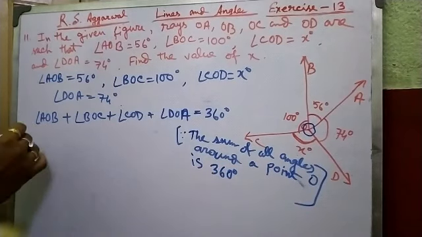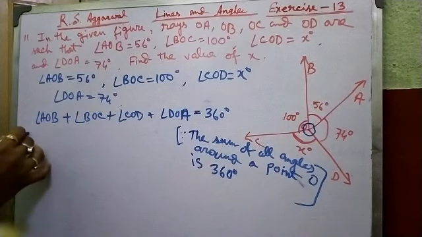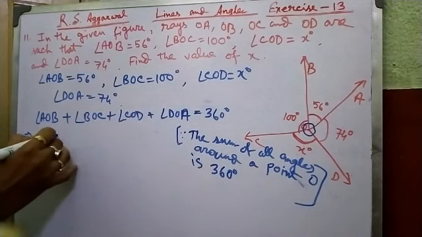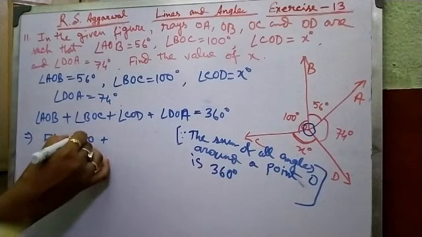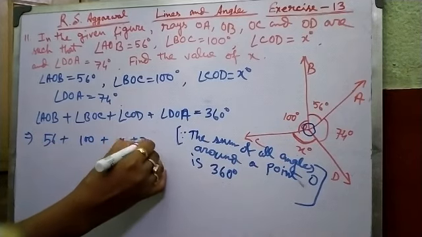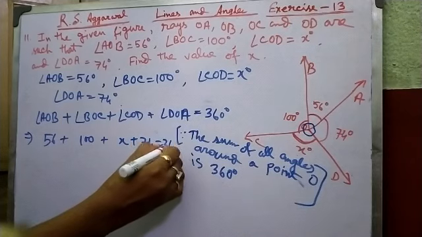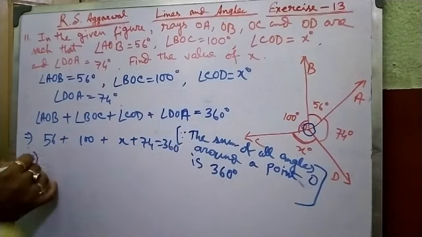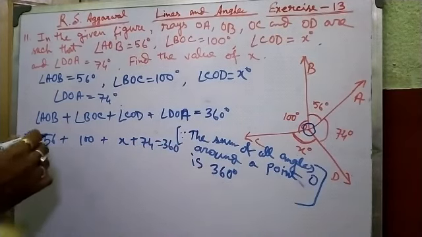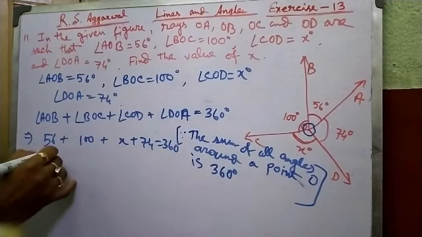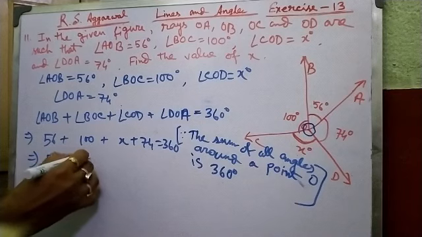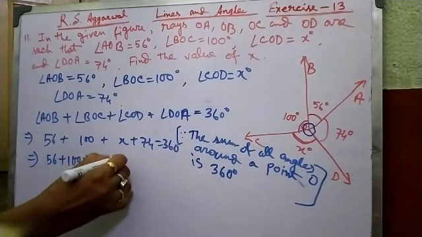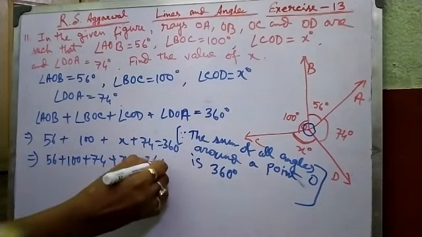Then we'll put the values of these angles. Implies this is 56 plus 100 plus x plus 74 equal to 360. Then this will be added. That means 56 plus 100 plus 74 plus x equal to 360.